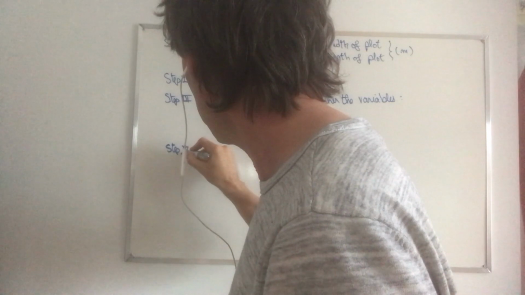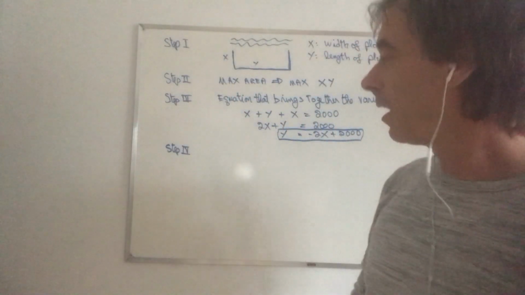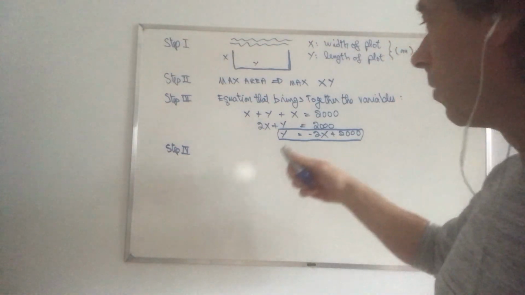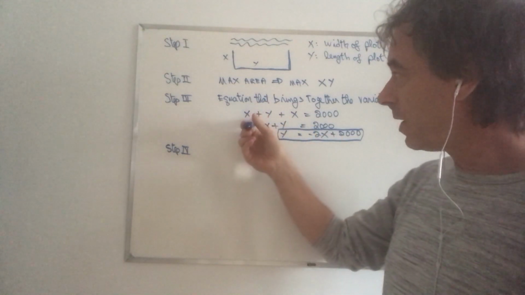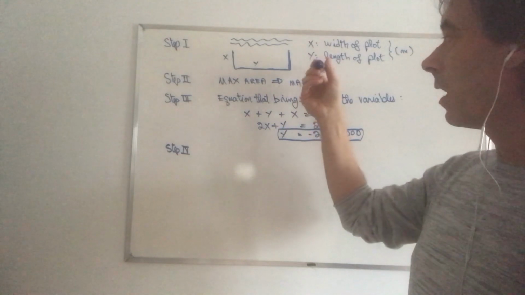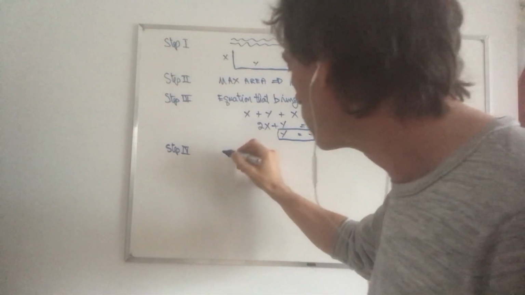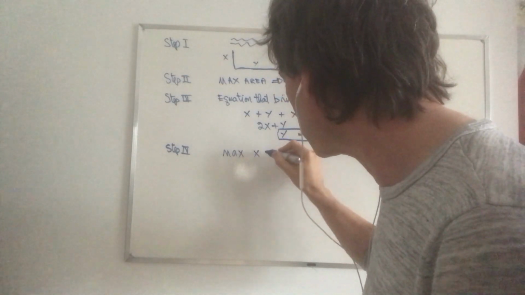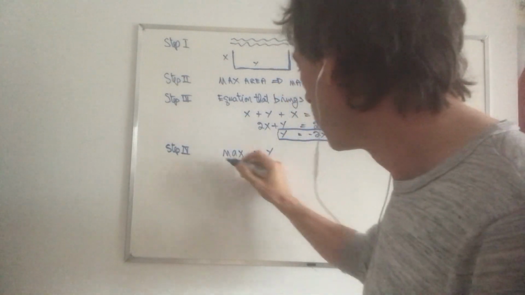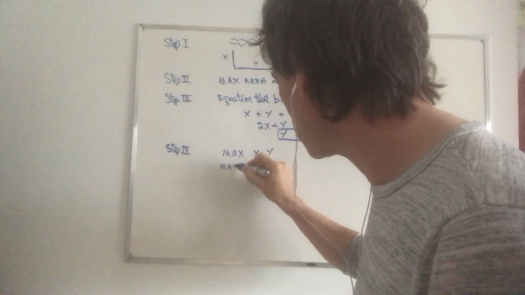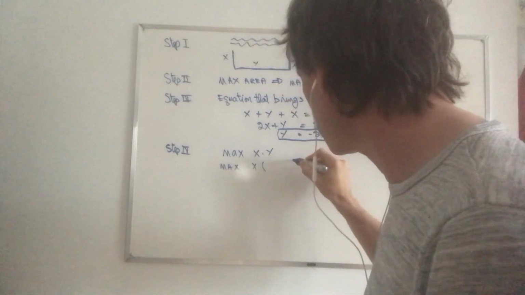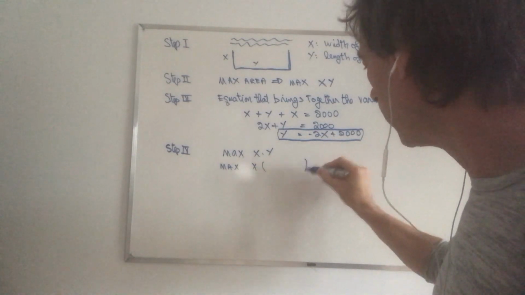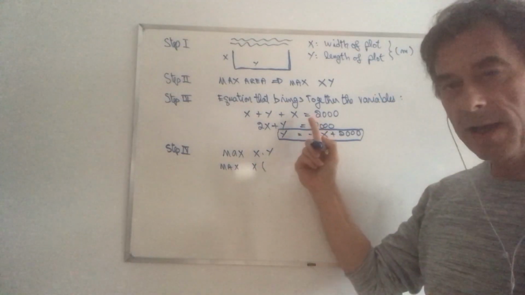And now for step 4, sorry. What are we doing? Step 4? Well, replace what we got in step 3 right back into what we got in step 2. So step 2 is maximize x times y. So now it's going to become maximize x times y, and in this y, I will actually replace what I have in step 3.